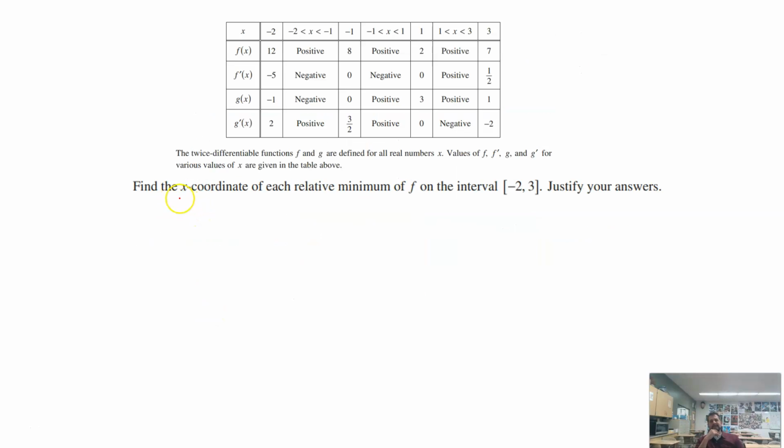It says find the x-coordinate of each relative minimum on the interval from -2 to 3. Well, in order for us to have a relative minimum, two things have to be true. First of all, we need to have a critical point, where the first derivative is equal to 0. So there and there are my critical points at x equals -1 and 1. And the first derivative for f needs to change from negative to positive.